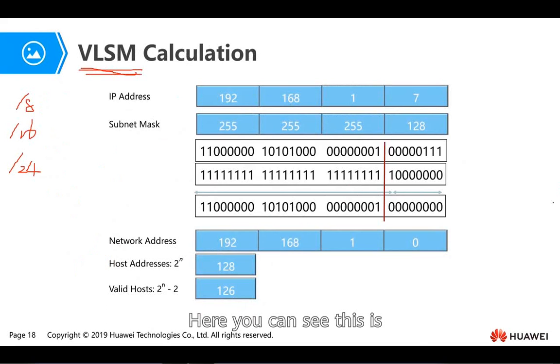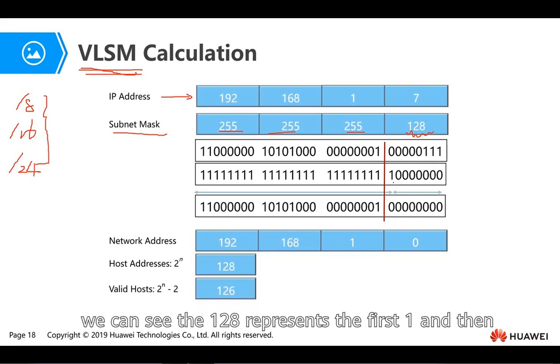Here you can see this is the network address, and then this is the subnet mask. This subnet mask is different from class A, class B, and class C. It's 255.255.255, and then the last byte is not 0. It is 128.